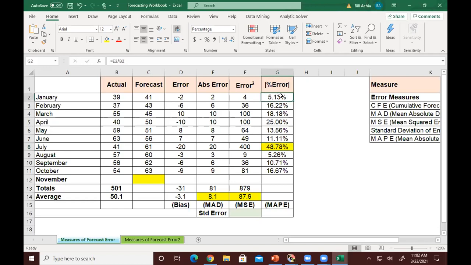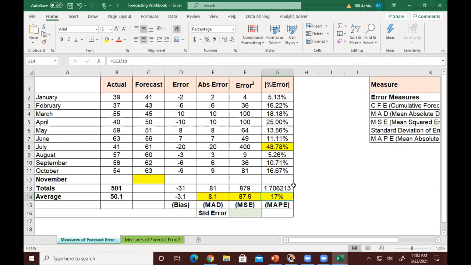January seems to have been the best. January and August seem to have done pretty well. As you can see, the percentage error gives you a measure that you can actually use to explain the size of that error. And then we do the exact same thing down here. We calculate the averages, and this average now enables me to determine that our forecast is usually off by approximately 17% of the actual demand.